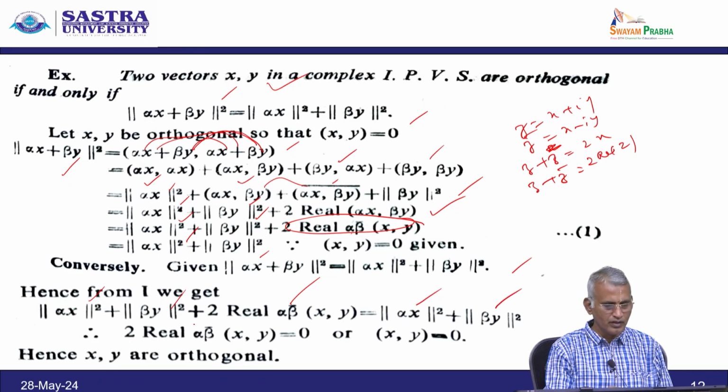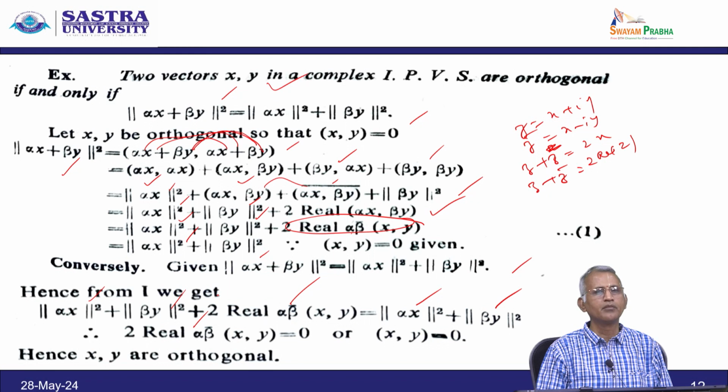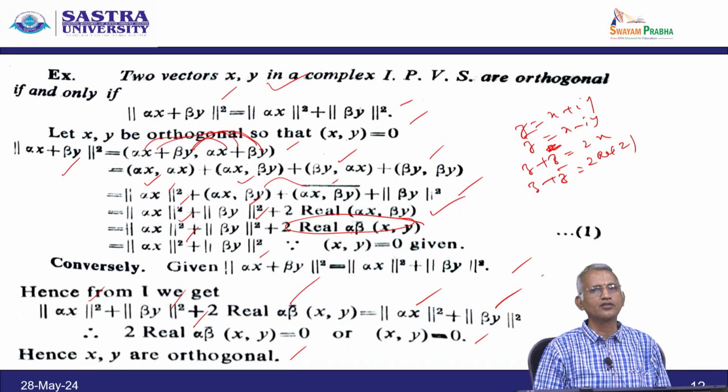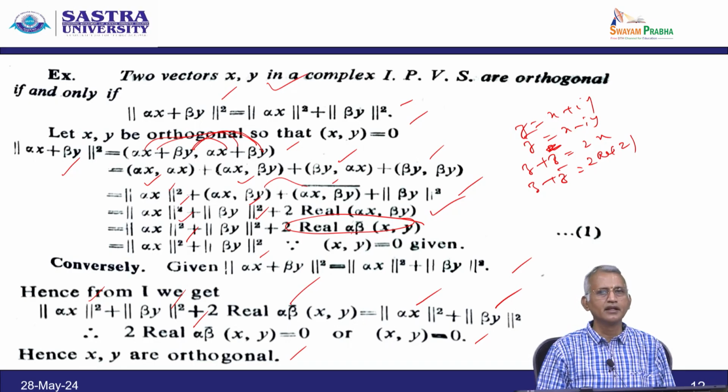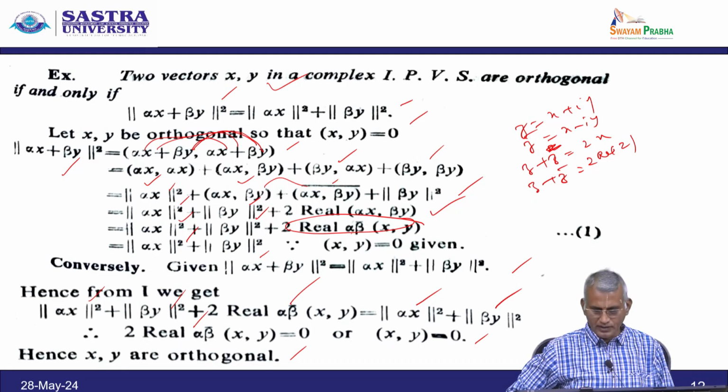Therefore, 2 into real part of alpha beta bar of x comma y equals 0. This implies inner product x comma y equals 0. They are orthogonal to one another. So, that is the inference we have learned from this theorem or example.